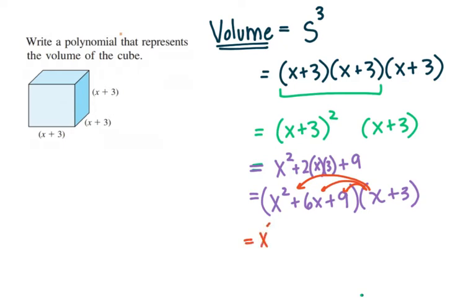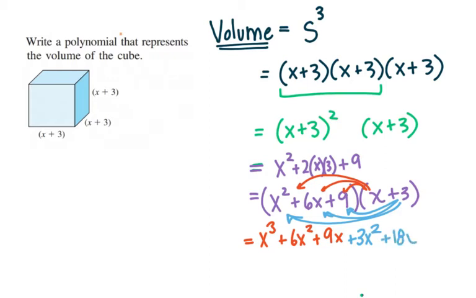So we will get x cubed plus 6x squared plus 9x, and then these multiplications, 1, 2, and 3, we will get 3x squared plus 18x plus 27. Our last step in the volume would be to combine like terms.